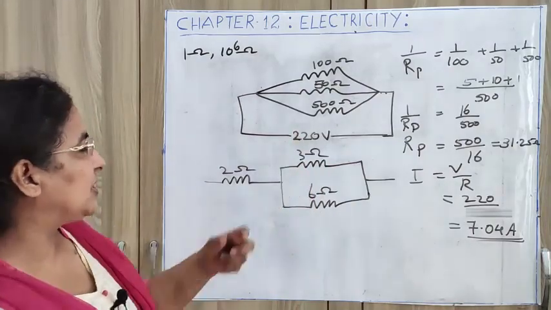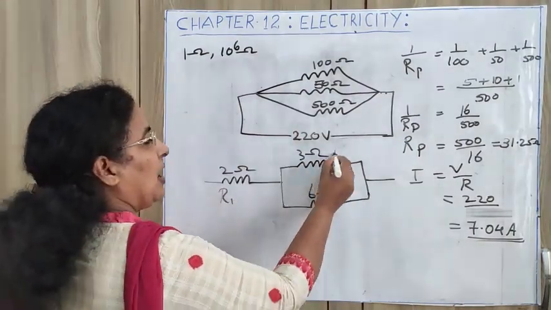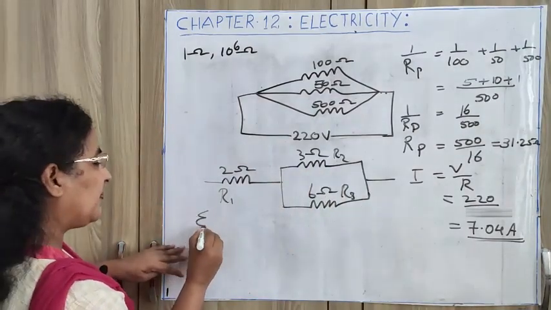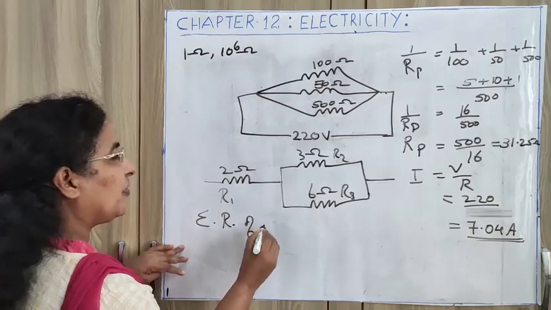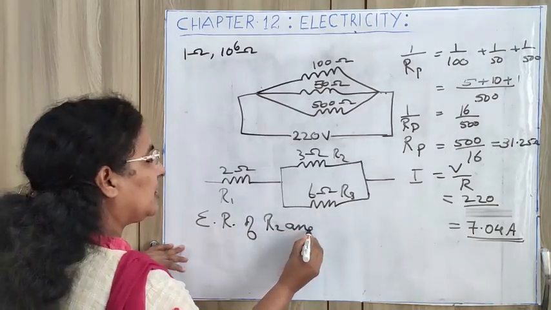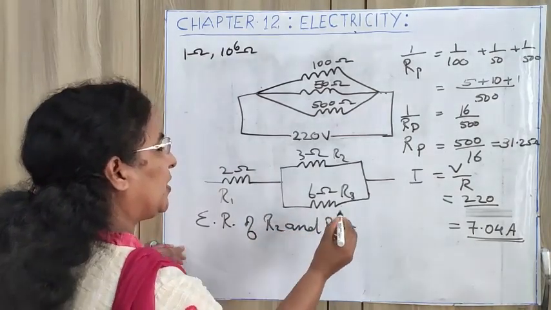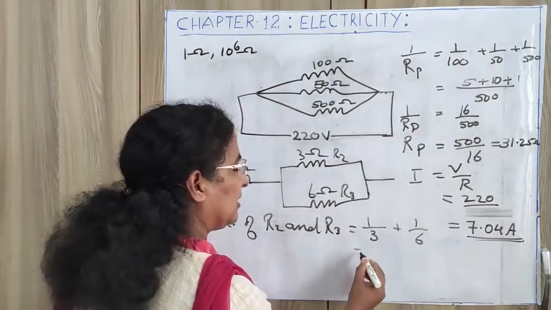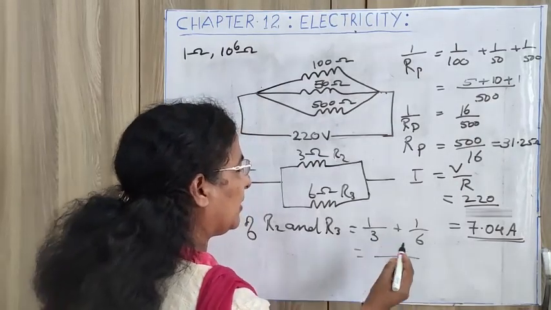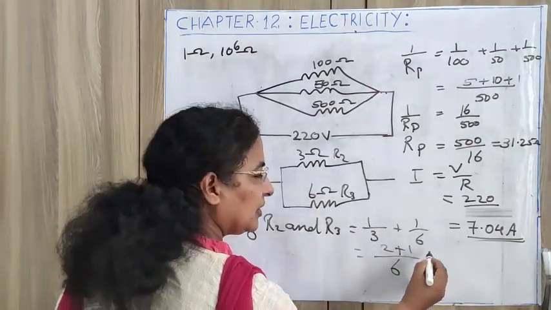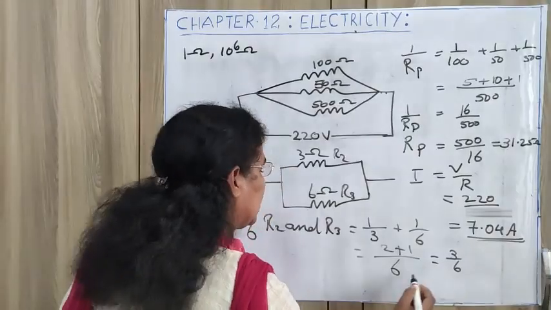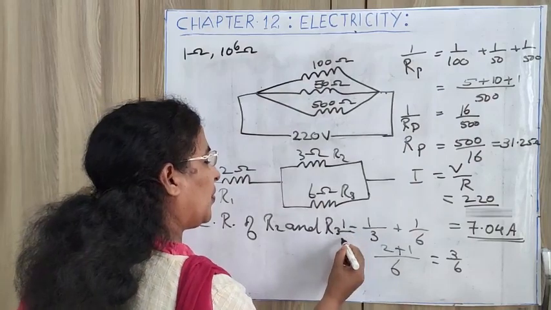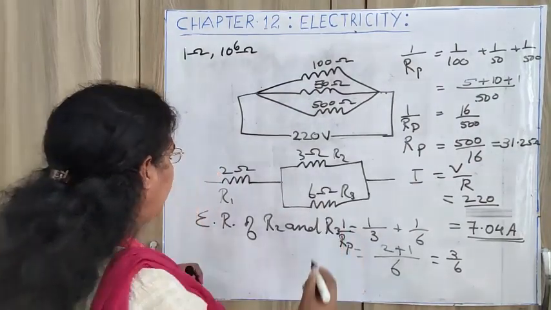See, what will be the effective resistance? I can call them R1, R2 and R3. Effective resistance of R2 and R3: here I have to write 1 upon Rp.